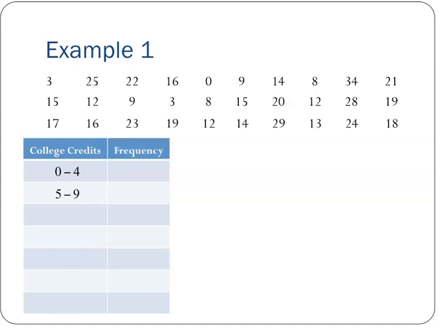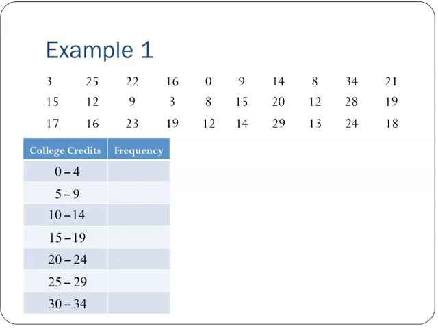What's going to happen is we are going to end up counting up how many of our data points fall under these. So in order to more accurately portray the data, we want to have these intervals to be the same. So the next would be from 10 to 14, then 15 to 19, then 20 to 24, 25 to 29, up to 30 to 34.